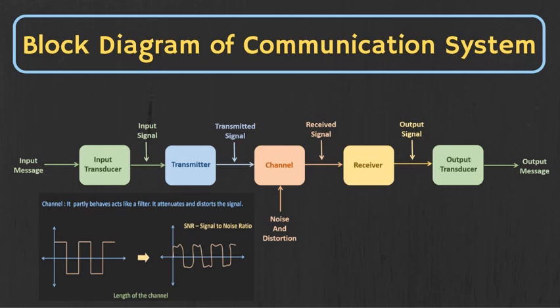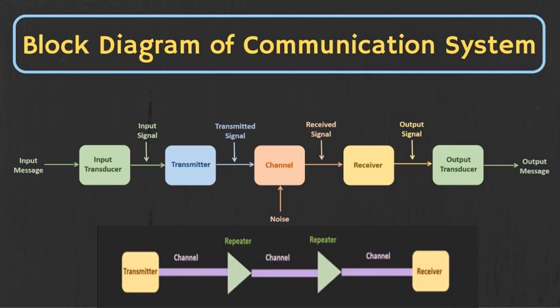Now, many times the signal needs to be transmitted over a much longer distance. It is not possible to increase the signal power beyond a certain limit. So, in such cases, regenerative repeaters are used after a certain distance.